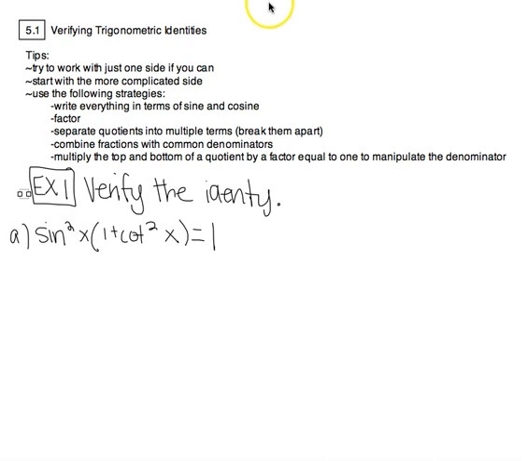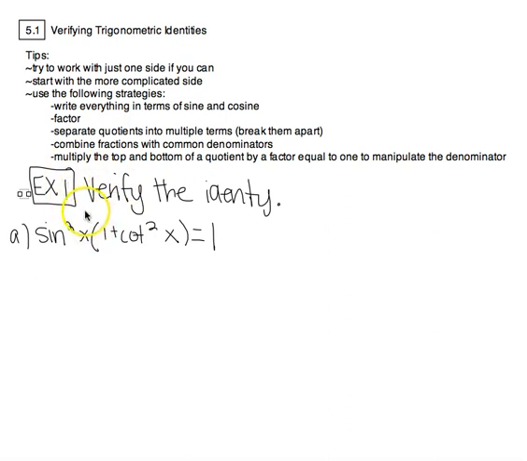So, what we are trying to do is manipulate and make substitutions so that things work out the way that we want them to. And again, everyone is different. So, if you see it a different way, that's okay. You might still be right.